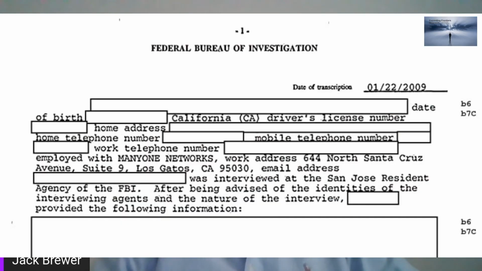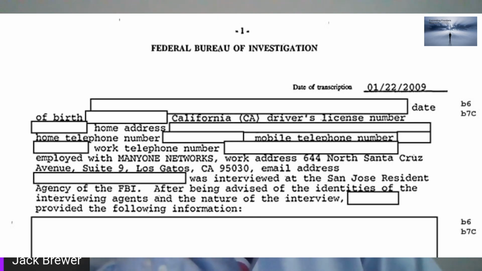So we at EFR submitted FOIA requests to the FBI on Mini One. And next slide, please. One of the materials we received was a transcript dated 2009 that indicates an interview was conducted with some employee of Mini One Networks, and it's heavily redacted.